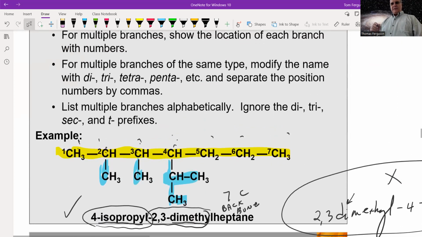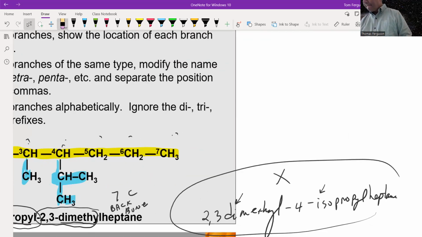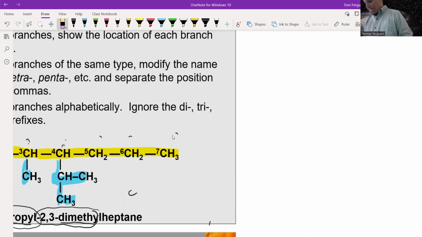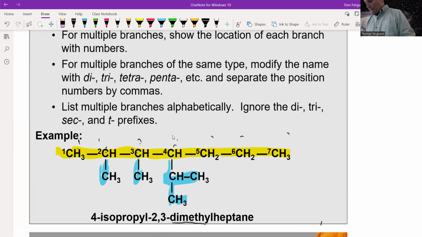All right, so let's look at this guy here. Okay, and the yellow is the backbone, 7 carbons long. And we have 3 branches that come off of the backbone.